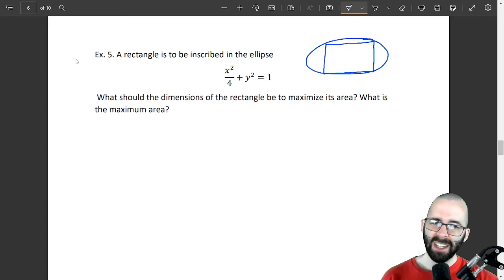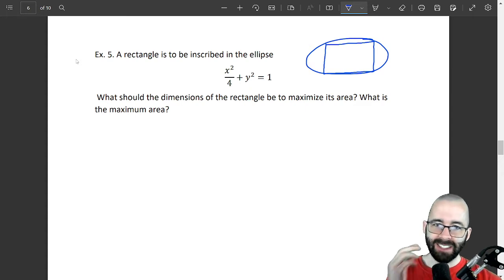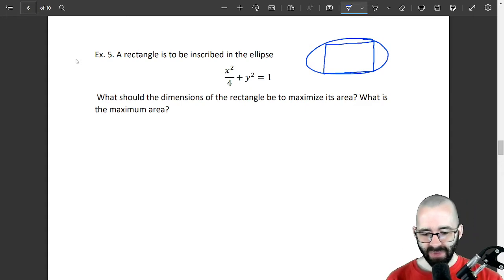So you want to be a little careful here for using x's and y's, because the x's and y's mean something different than the x's and y's in the equation. So I'm going to call it A and B. These are the dimensions that we're looking for.